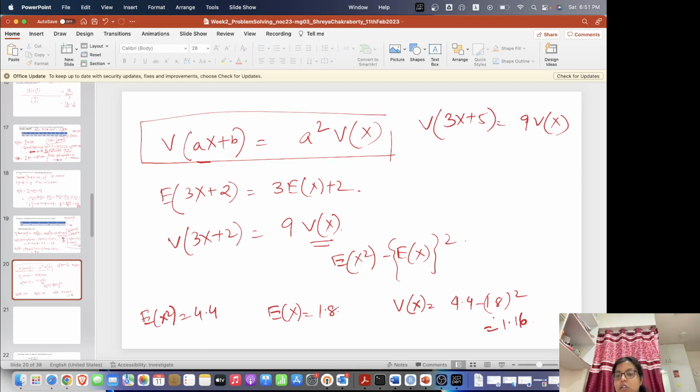Another thing that you should be very sure of is variance cannot be negative. Rarely it is 0 if there is no variation in the data set, but this should always be greater than or equal to 0. If this comes negative, then there is some problem in your calculations. Just bear this in mind.